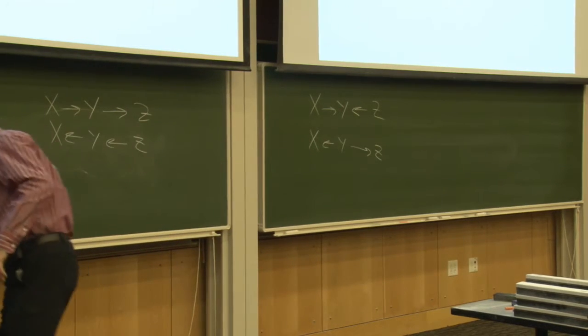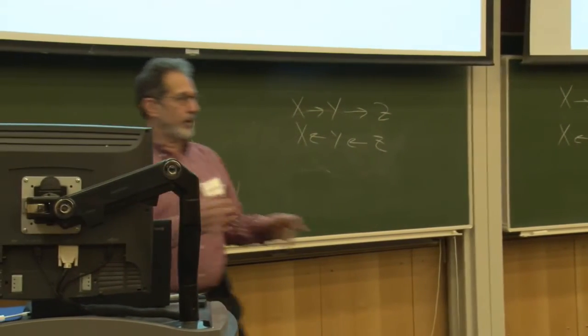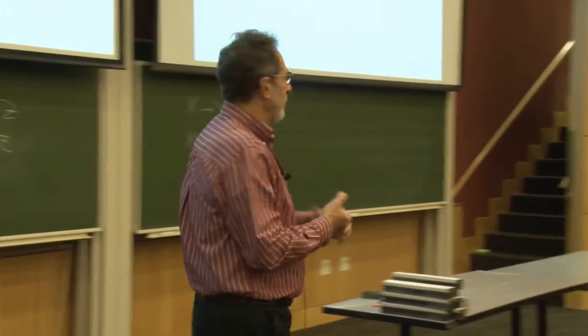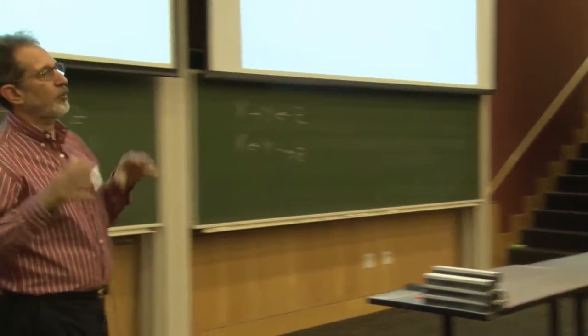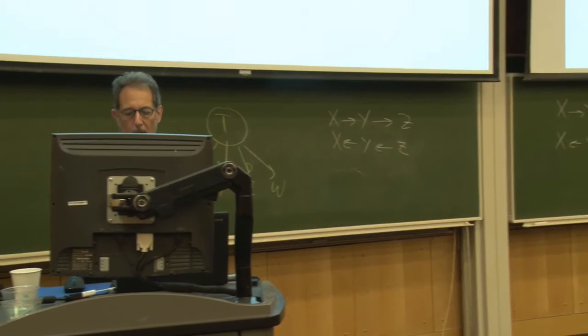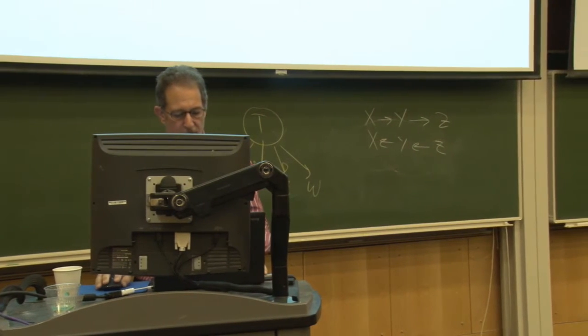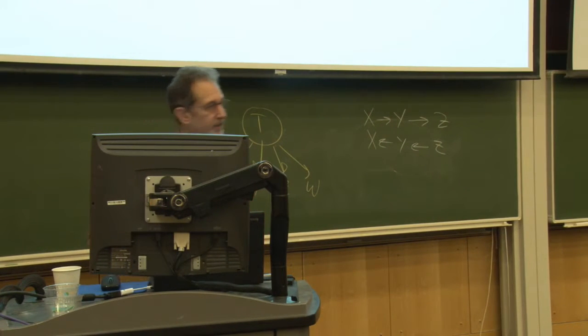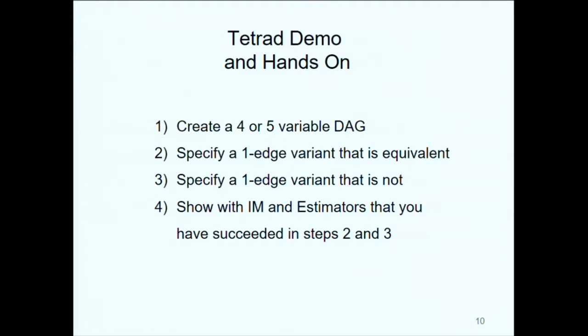Okay. So that's the basic idea, and we're going to come back to that in a second and give you a little bit of experience. But first, I just want to go right to the program and have you do the same and see how this might be testable. So we're going to create a graph, generate data from it, and estimate the model.